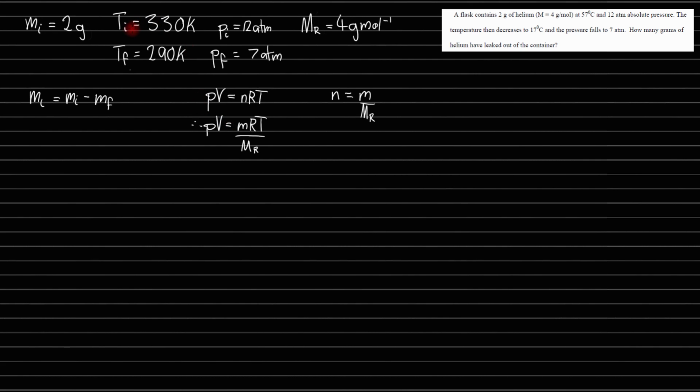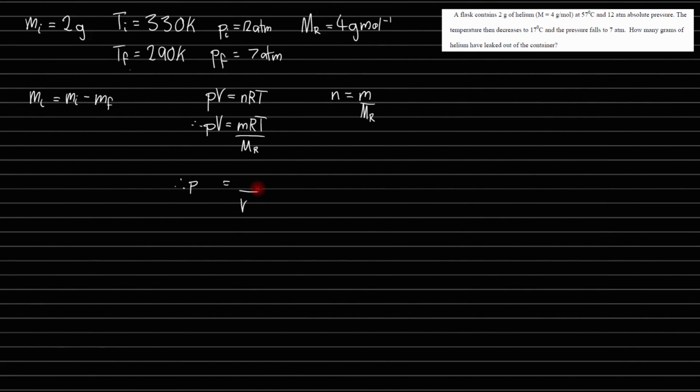Now, as we usually do when we have initial and final states, let's bring our variables to the left and put our constants to the right. Well, is the pressure changing? Yes, we're given initial and final, so let's keep the pressure on the left. Is the volume changing? No, it's not saying that the container changes shape or anything, so we will be dividing that on the right somewhere.